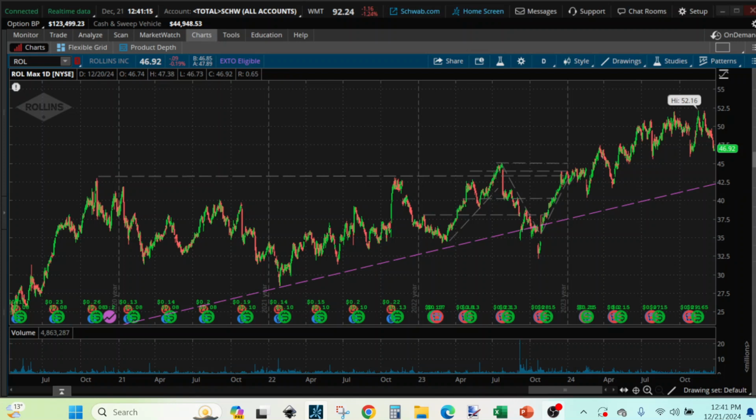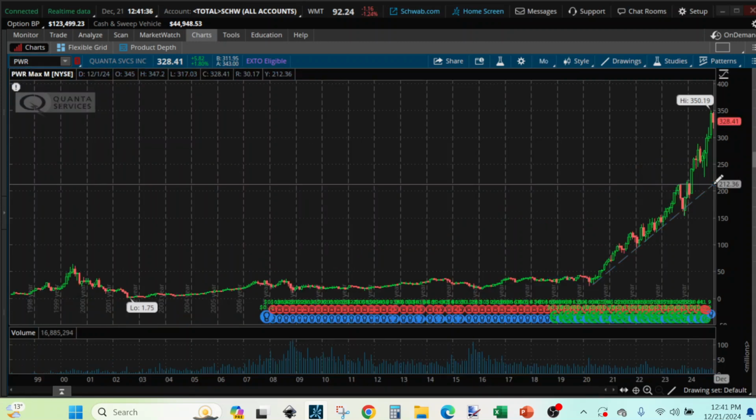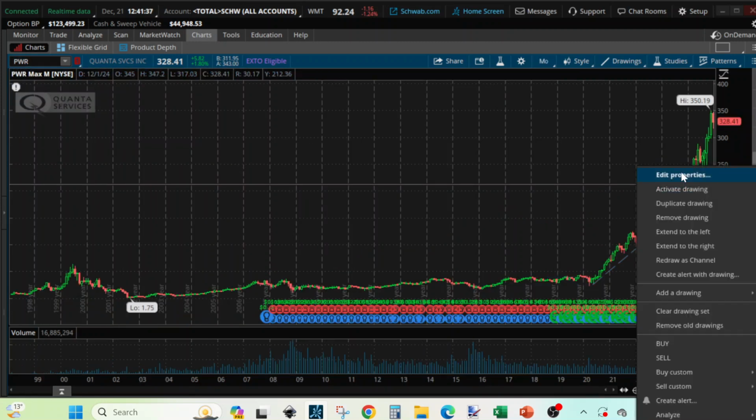PWR. So PWR, let's start from maximum monthly chart. This is so sharp. Okay, and let's color that. We could trace another one here.